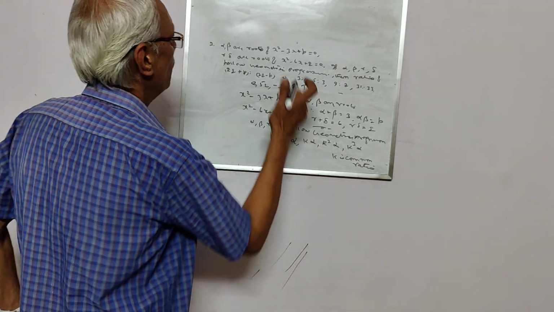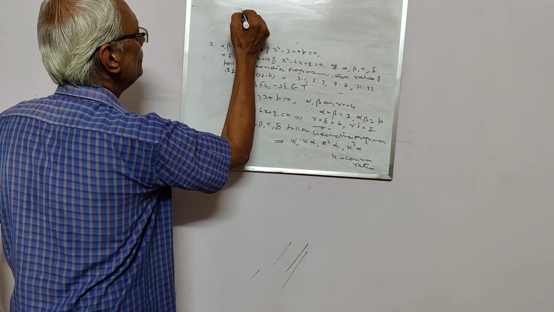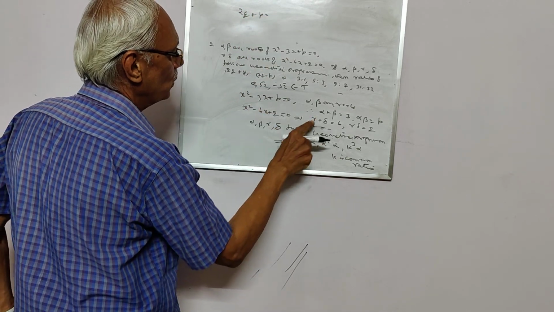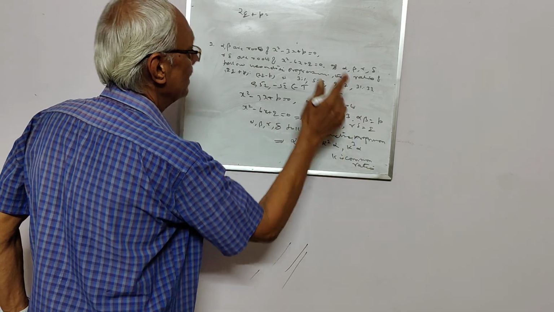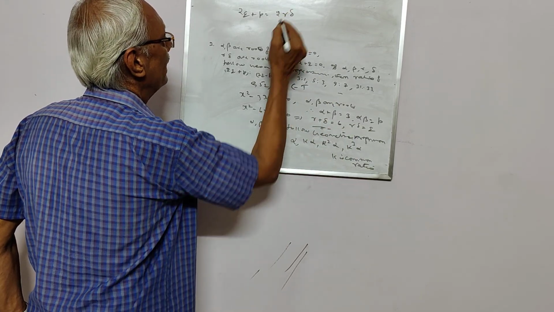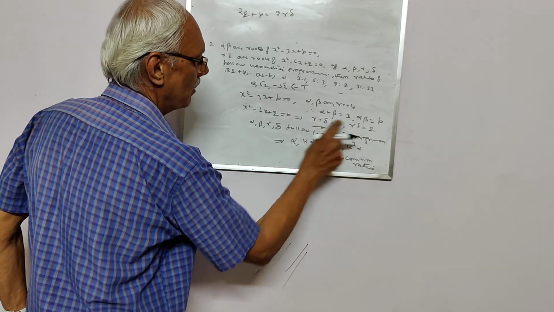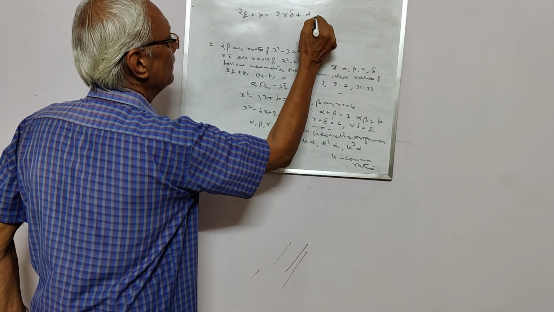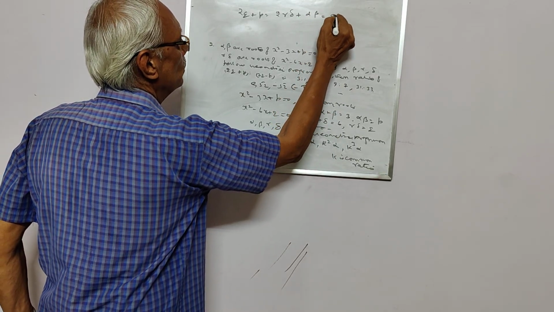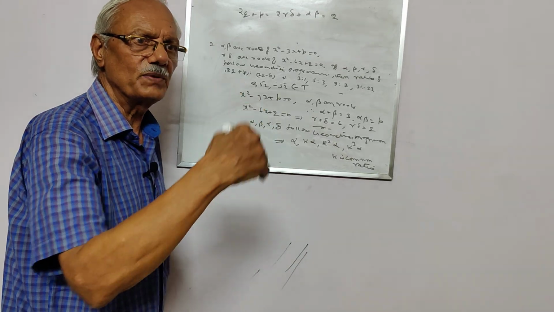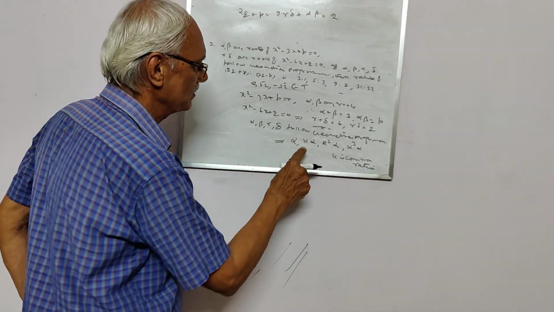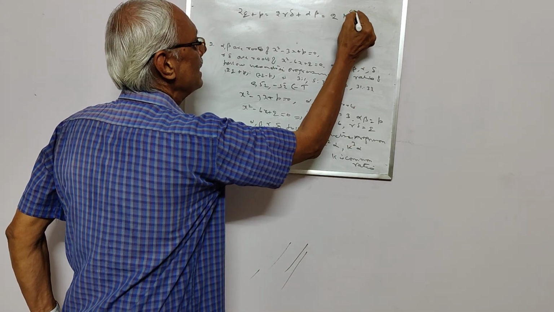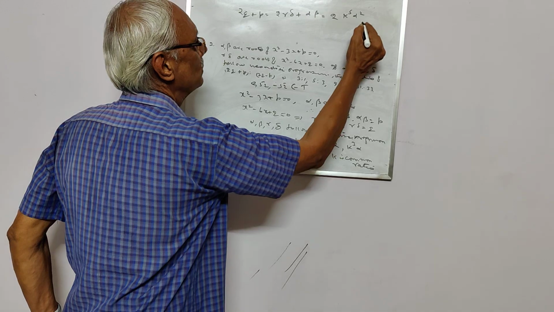Now let us come to this. What is your 2q plus p? 2q is 2 gamma delta, plus p, which is alpha beta. Because it is a geometric progression, write it in terms of alpha. Gamma delta is k squared alpha and k cubed alpha, so you will get k to the power of 5 alpha squared.